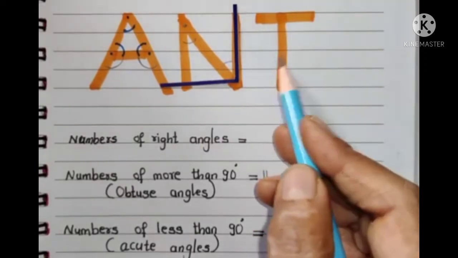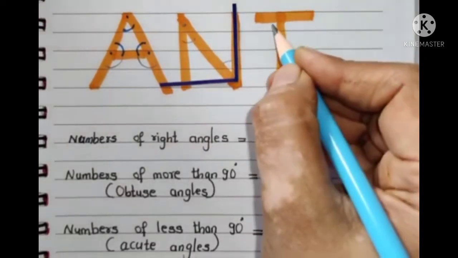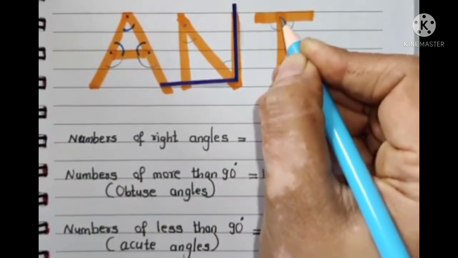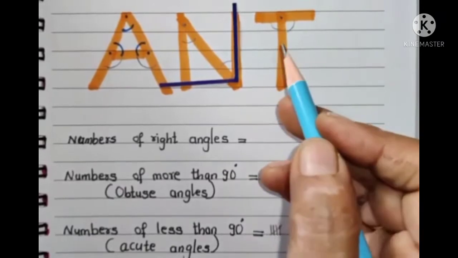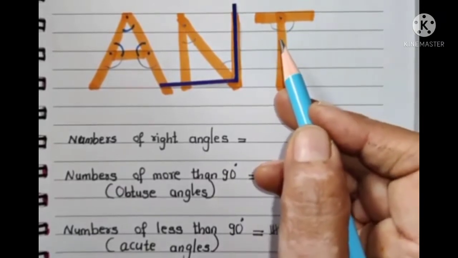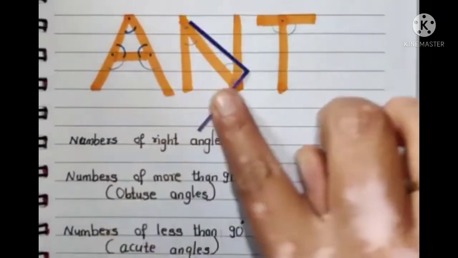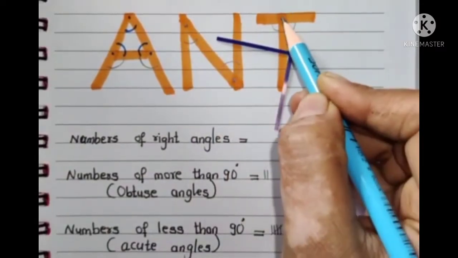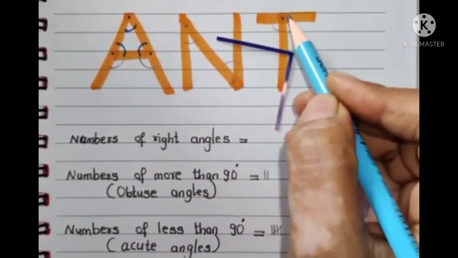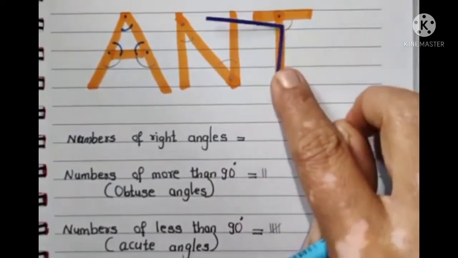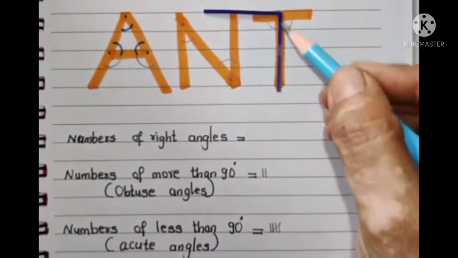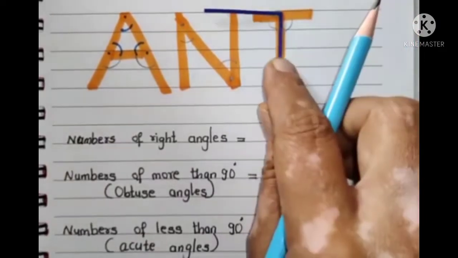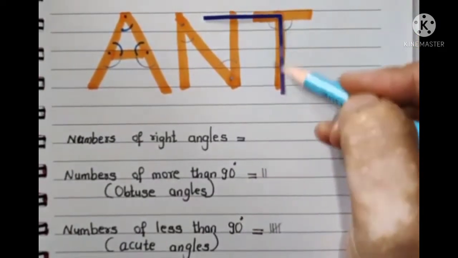Now let us move on to this angle. This is the vertex and this is the same vertex. We are now moving towards the letter T. First of all, overlap one vertex and one arm like this. See, this has overlapped, this has overlapped, and this line is also overlapping. Could you see?